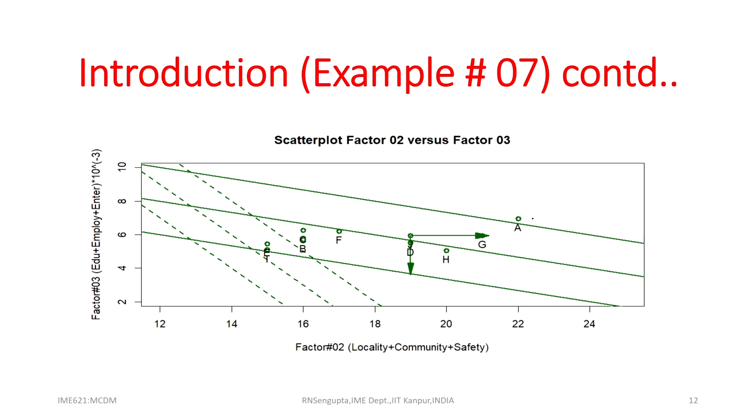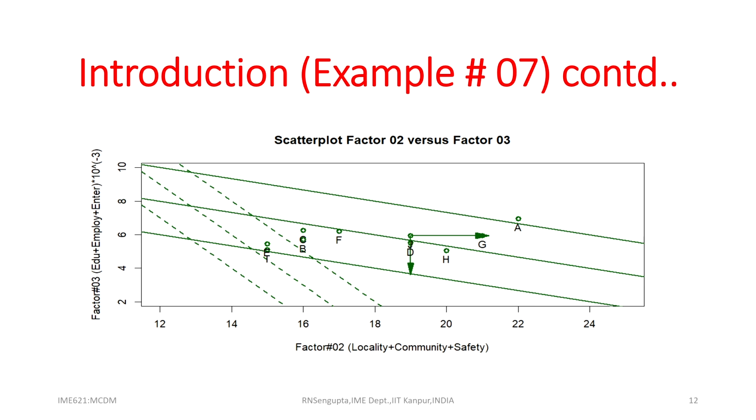So, again if I plot the localities from A to J, the same analysis can be done. Say, for example, F with respect to A, if they are competing. Obviously, F would be lower on the factor 2 scale with respect to A, and A is better because A is giving much more locality, community and safety.